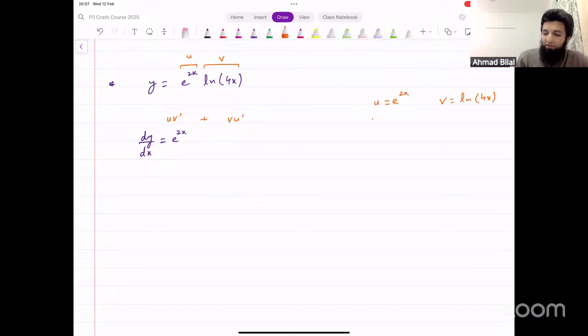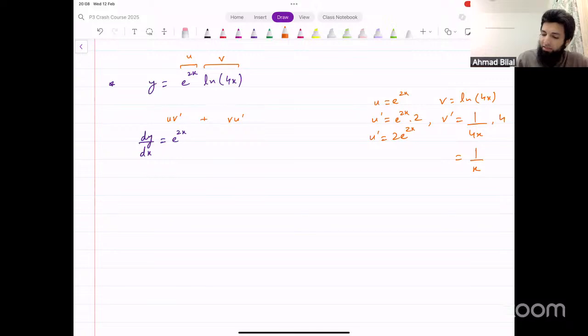Let's find the derivatives. What's u dash? e power 2x times 2. So that becomes 2e power 2x. Okay, now what about v dash? That is 1 over 4x times derivative of 4x, which is 4, and that simplifies to 1 over x.